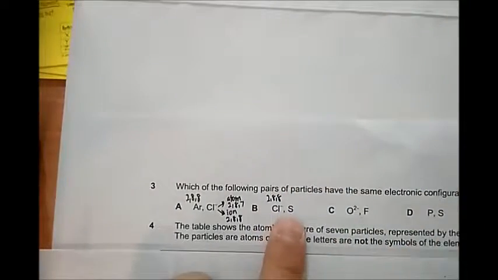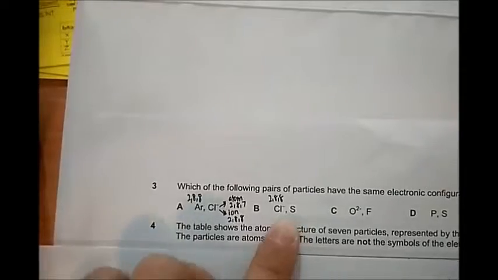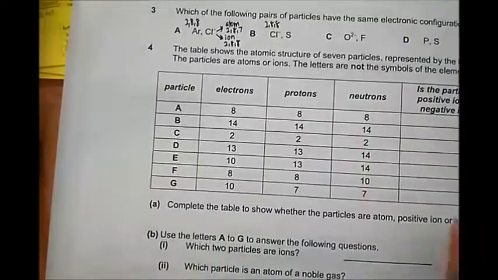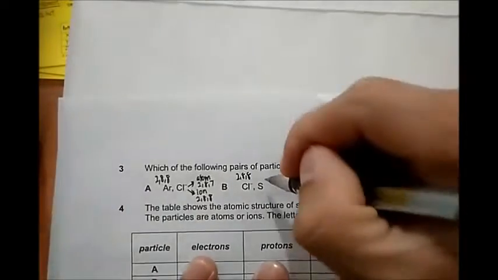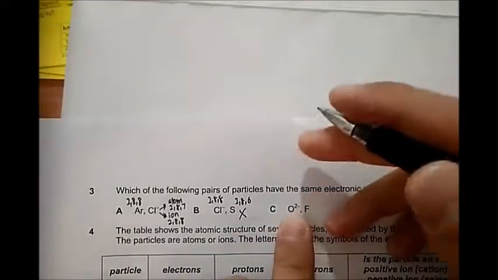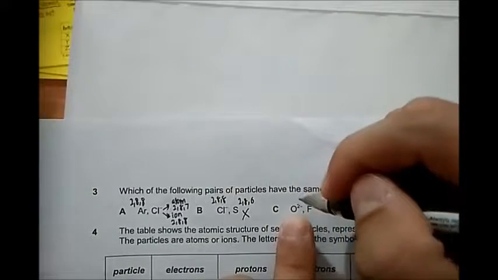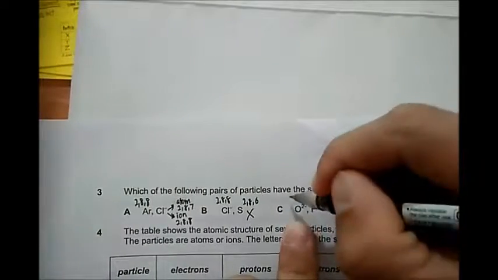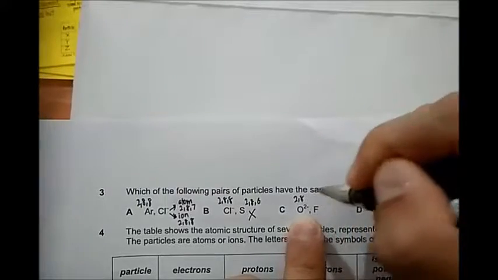Sulfur this time around is an atom. If you look at the table, it's 16, so I'm just going to write it down: 2, 8, 6. The electronic configuration is different. O2 minus: 8 plus 2 electrons, so it's 10. So it's 2, 8.